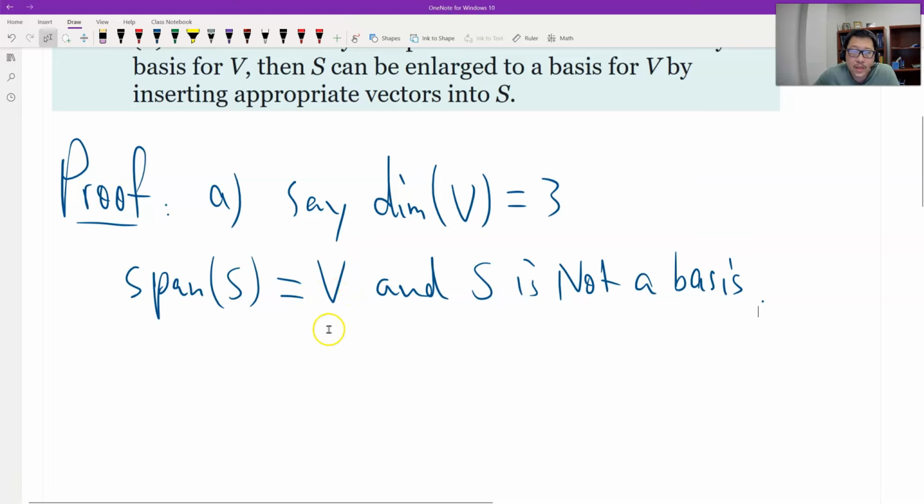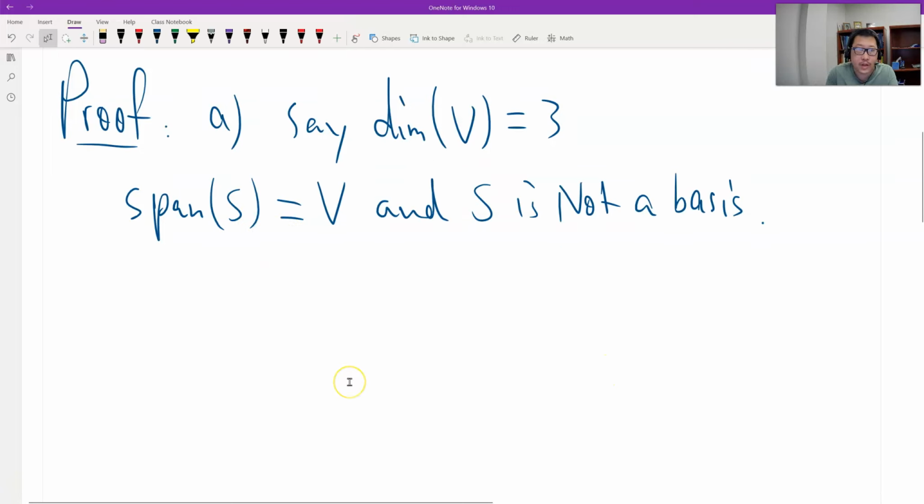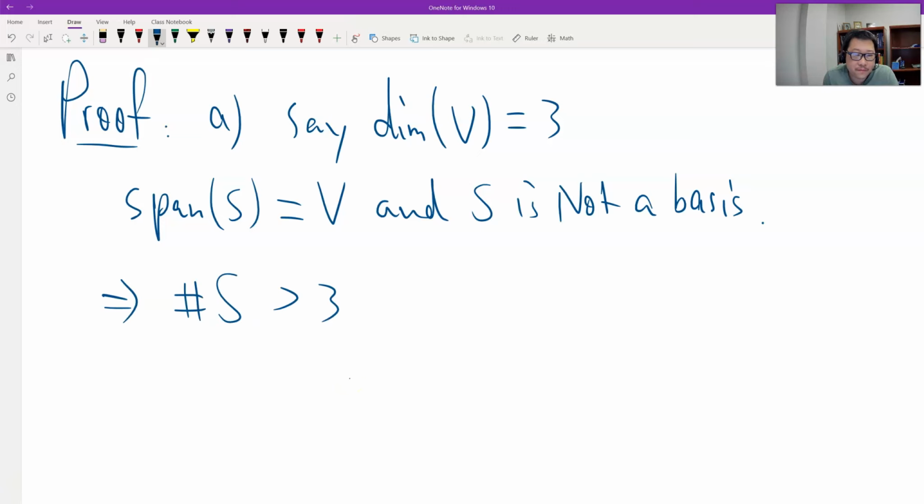In the first step, we need to say we have more than 3 vectors in S. Therefore, we can reduce S into a basis. Why? First, the number in S is greater than 3. Otherwise, the number would be 3 or less than 3.